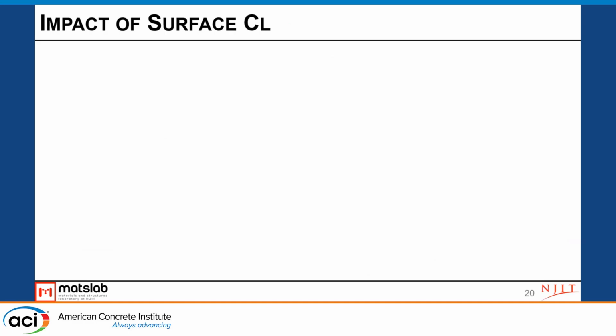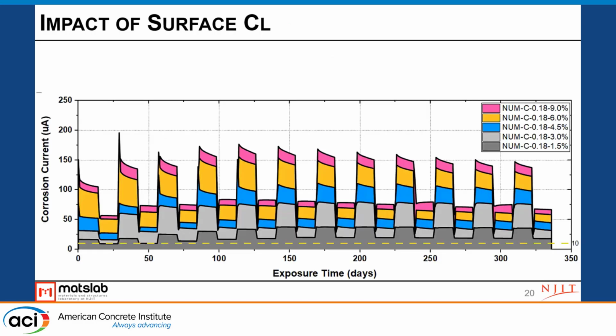Now we want to look at another factor, which is surface chloride concentration. So when we plot the different chloride concentration conditions on the same curve under the same crack width, we see that from 1.5 to 4.5% surface concentration, the corrosion current is increasing almost proportionally.